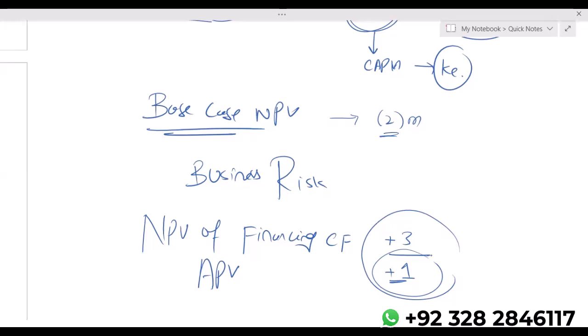If your company says that in the NPV of financing cash flows the main significant factor is the subsidy benefit, and let's say right now the existing government is willing to give you the subsidized loan. Your project is going to have a life of 10 years. Let's assume the current government is very supportive and willing to give you the subsidized loan.